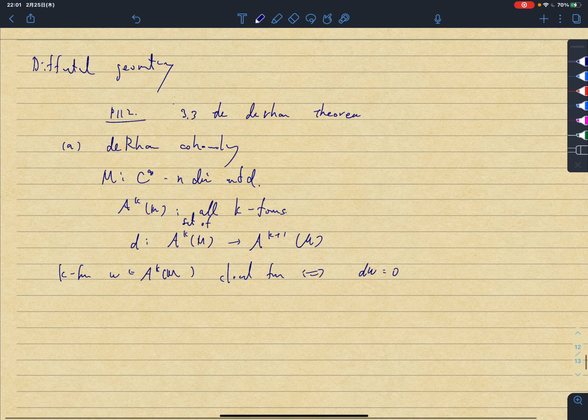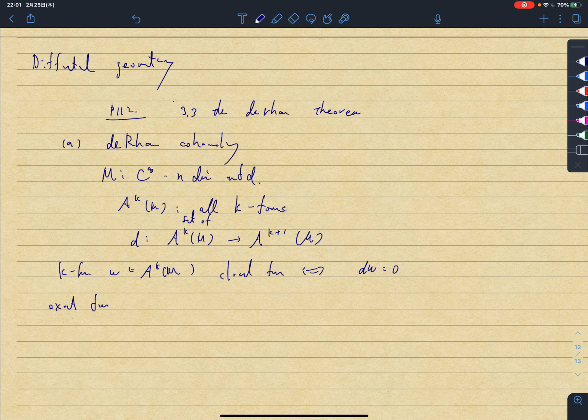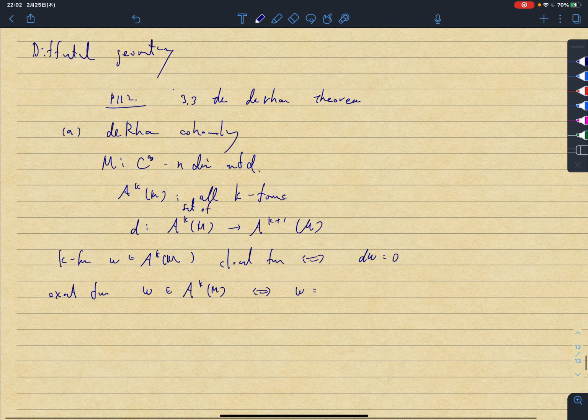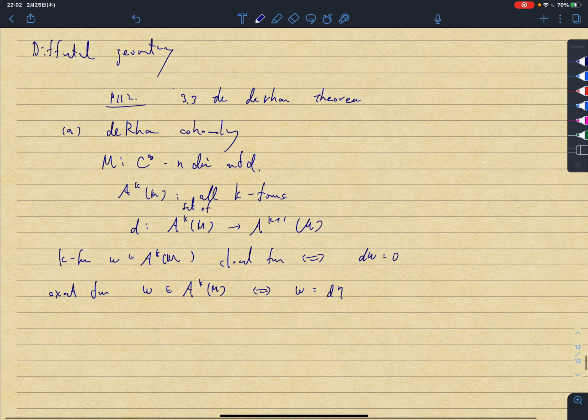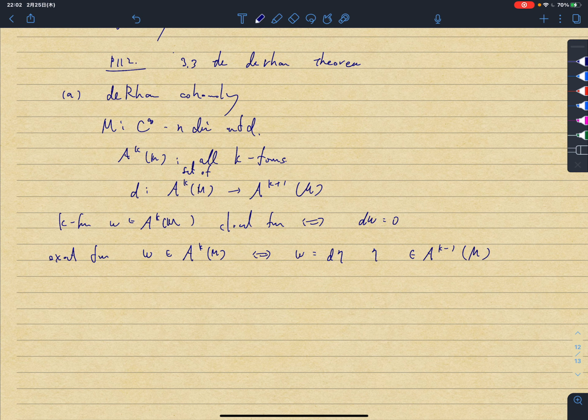And exact form. Omega in A^k(M) is an exact form if and only if omega is equal to d eta, where eta is a (k minus 1)-form.